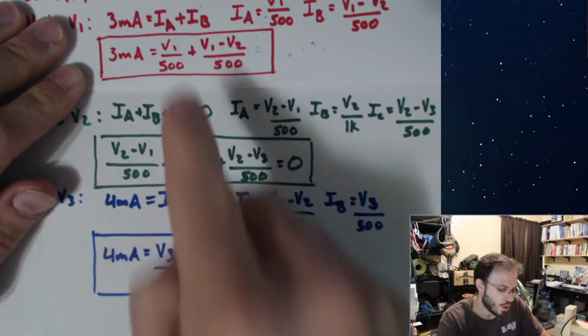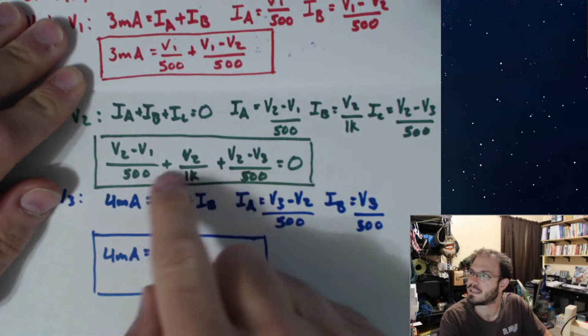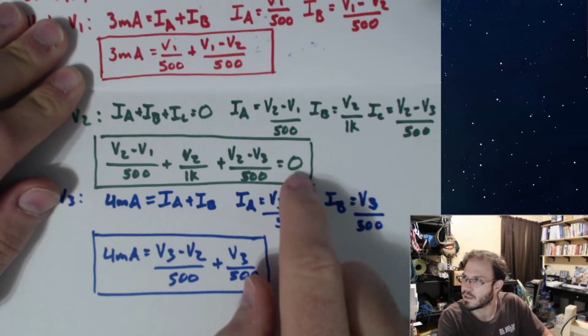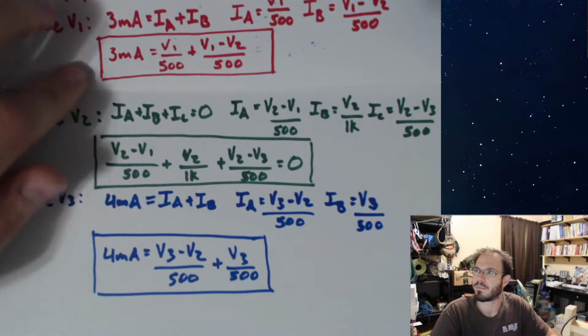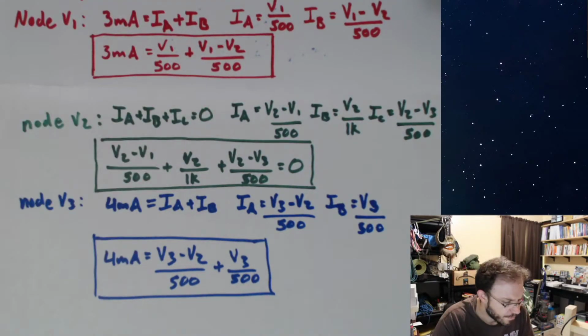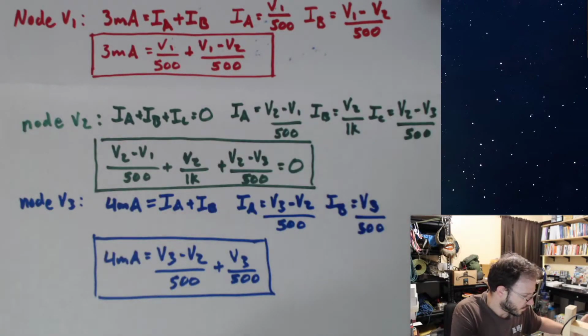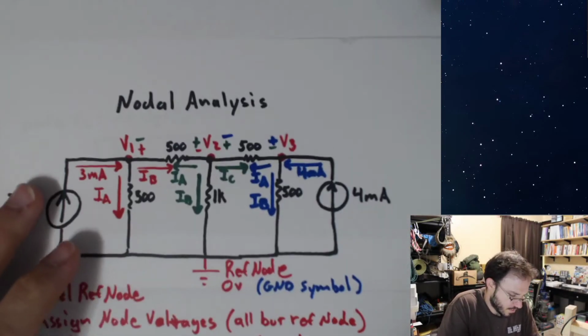Everything else is known. Everything else is in terms of resistances and currents. This one came out to be 0 because we picked them all that they were leaving that node. Same thing over here. Okay. So at this point, all we have to do is solve this system of equations.